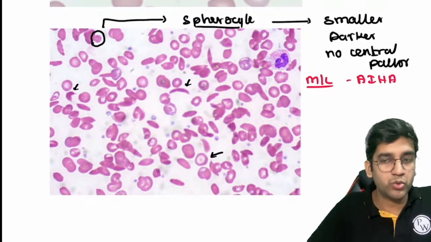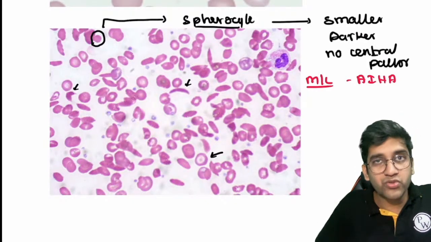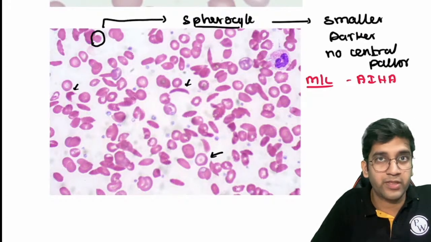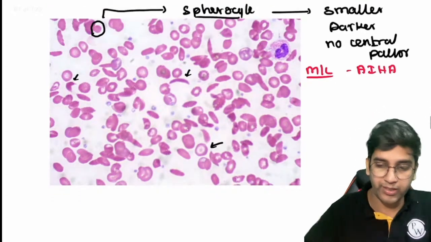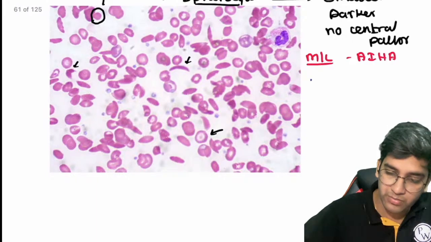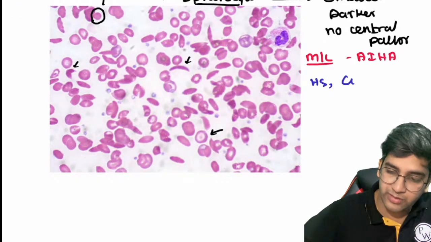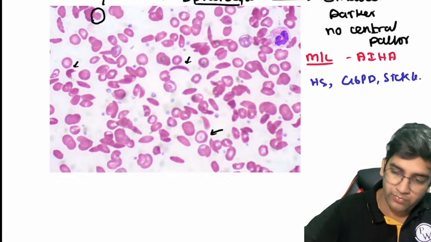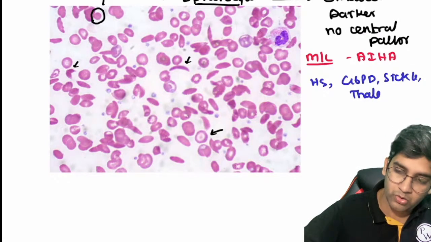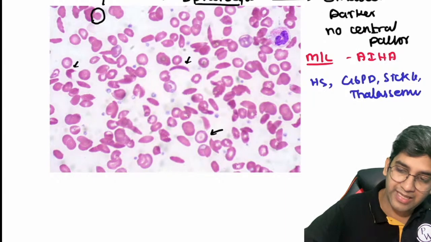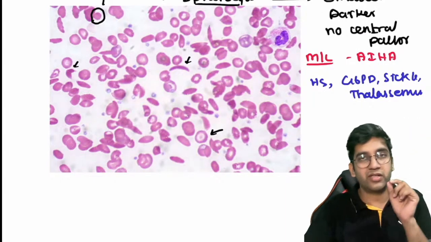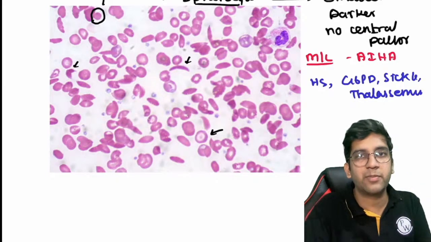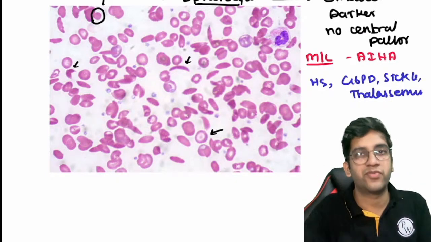Apart from this, I want you to remember one more thing. Spherocyte is not a finding seen only in spherocytosis. It is seen in spherocytosis also, right? Apart from this, I can see them in HS, in G6PD deficiency, in sickle cell anemia, in thalassemia, or in other words, in any membrane disorder. If there is a disease which is going to affect or slightly damage the RBC membrane, the RBC becomes a sphere.